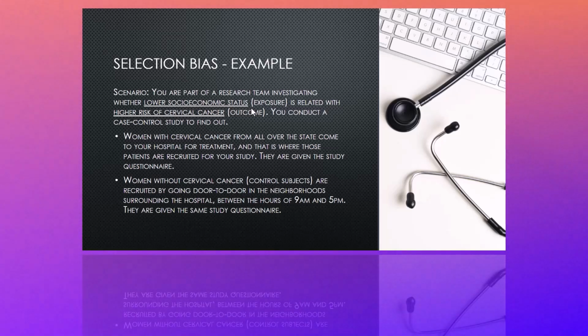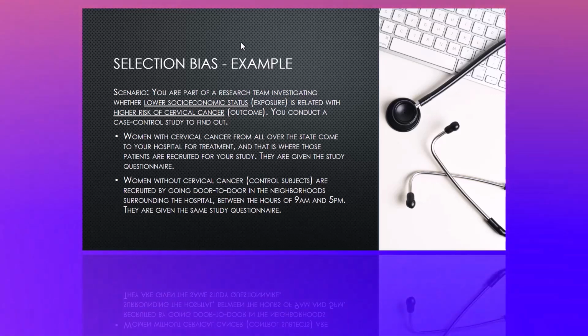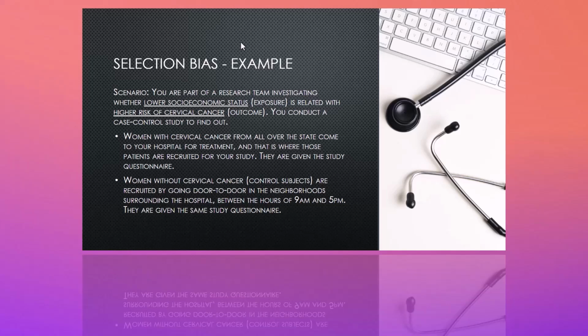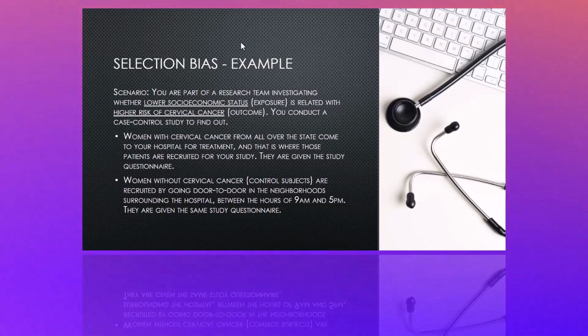This is an example that we had at the beginning, considering women with cervical cancer. Your scenario is that you're part of the research team investigating whether lower socioeconomic status is related with higher risk of cervical cancer. Your experimental group is women with cervical cancer from all over the state come to your hospital for treatment.